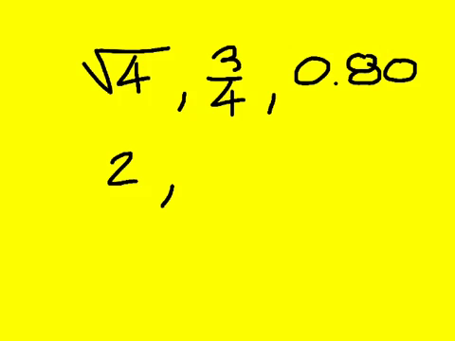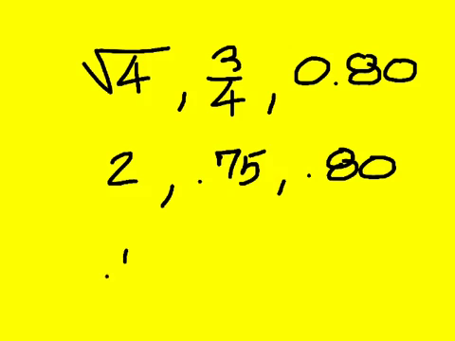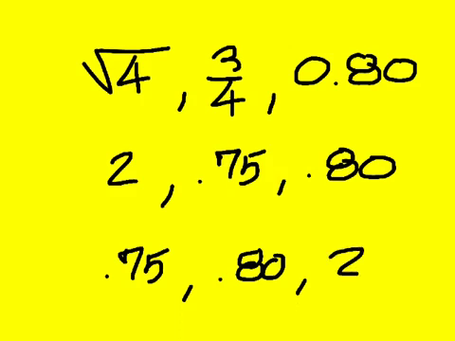And then 3/4 as a decimal is what? 0.75. And then we have 0.80. So what's the lowest thing up there? 0.75. Then what? 0.8. And then what? 2. Yeah, that's right.